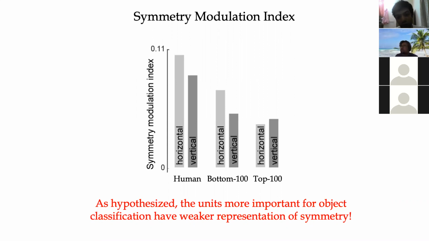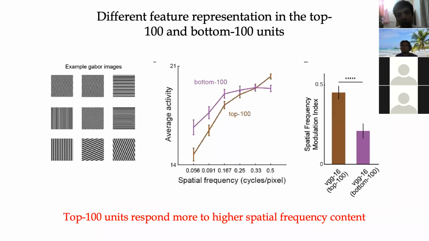Further, we looked at whether there are other differences in how these units represent things. One other nugget we found was that these top 100 units, which are most useful for object classification, are more sensitive to higher spatial frequencies compared to lower spatial frequencies.